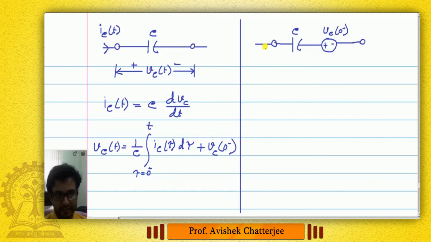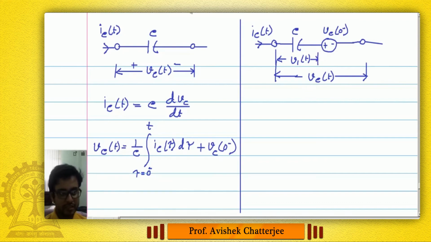Now let the current here be iC(t). This voltage from here to here, this is vC(t), and this voltage say across the capacitor only is v1(t), with left side plus, right side minus.